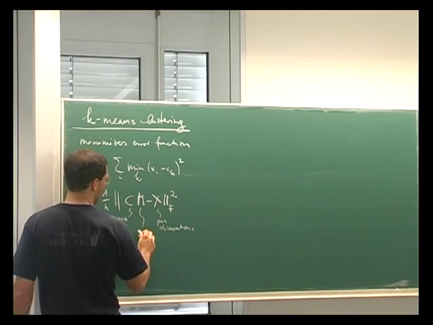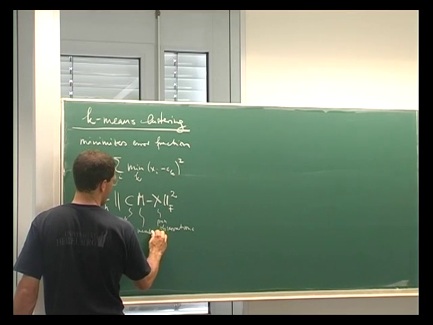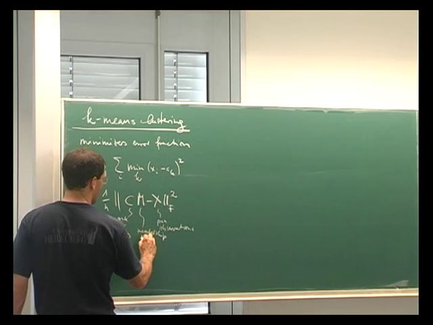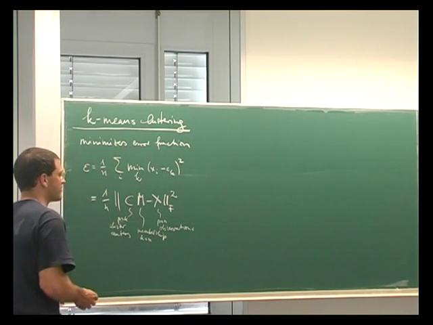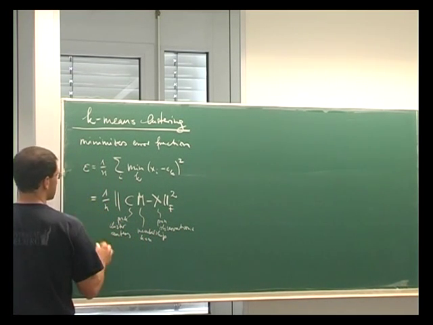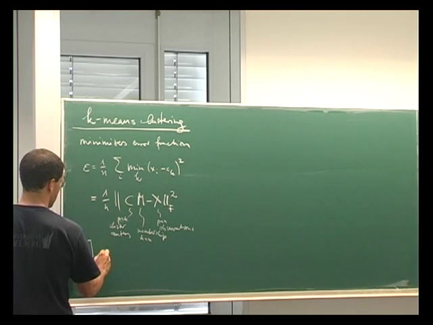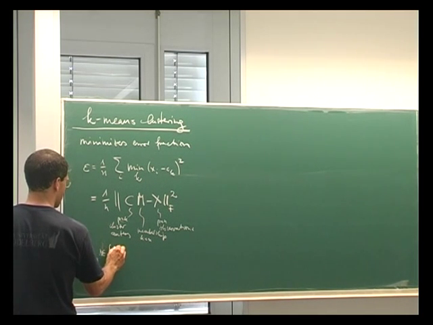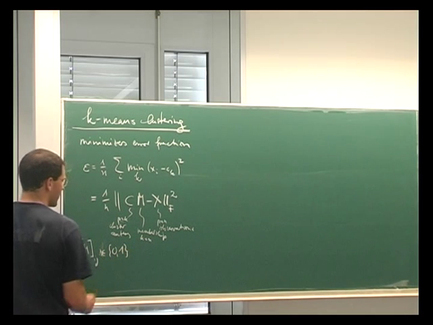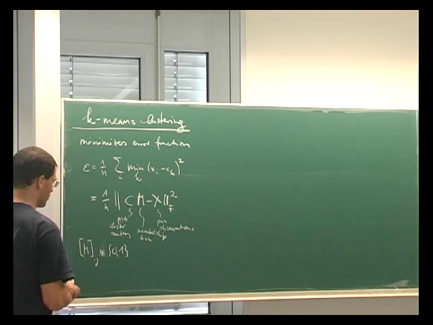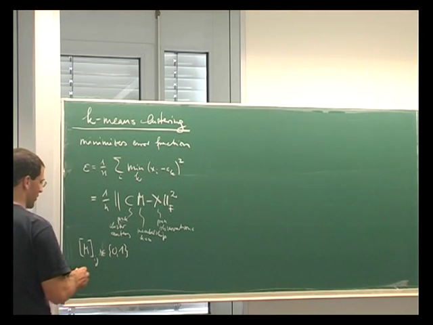And M is a binary membership matrix of dimensions K by N. And this is a crisp clustering, so each observation must belong to exactly one cluster center only.